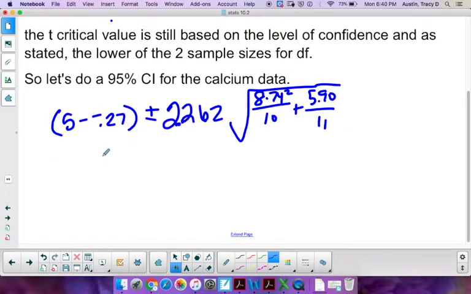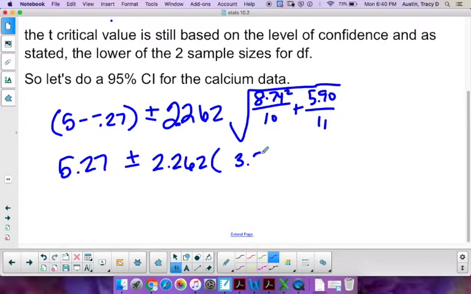So basically it's 5.27 plus or minus 2.262 times 3.29. Depending on how you put this in the calculator or carry your decimals out, if you carry them out further you're going to get a more exact answer, and that's fine.